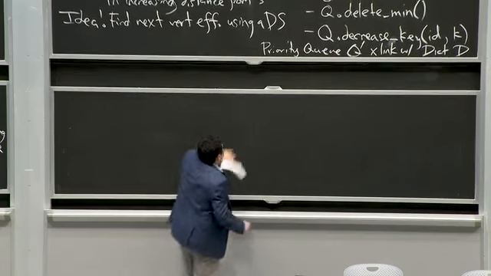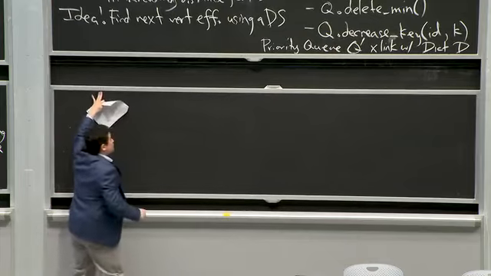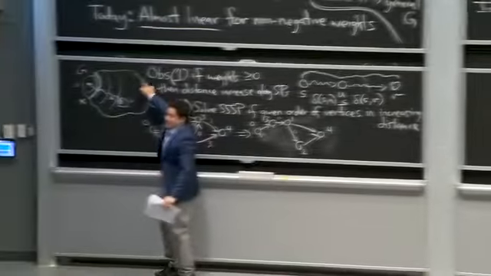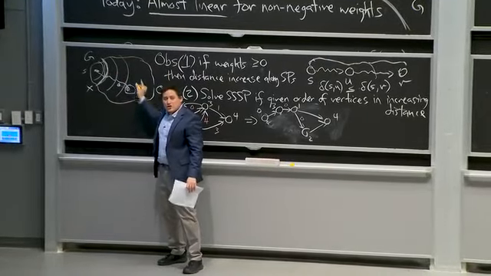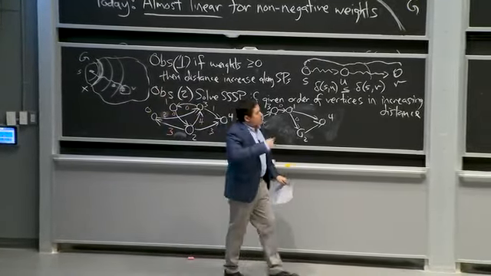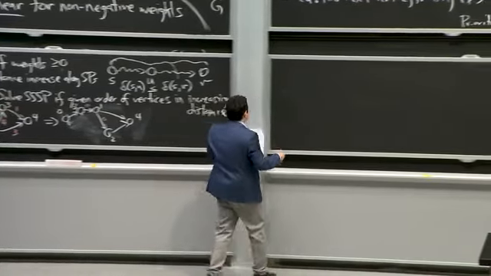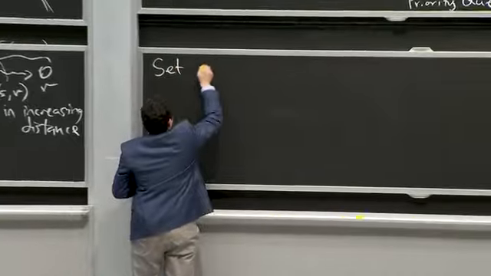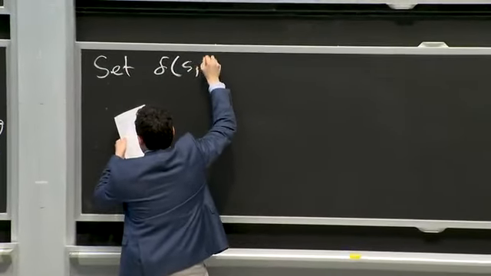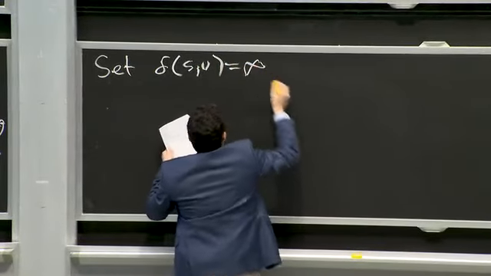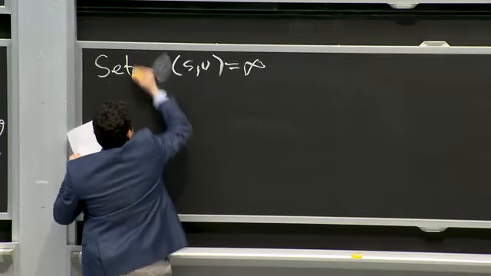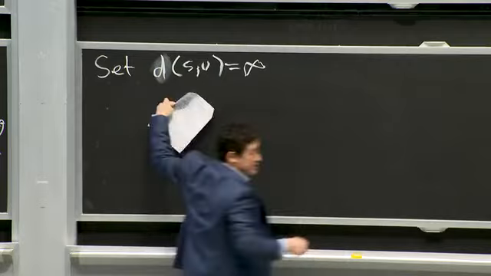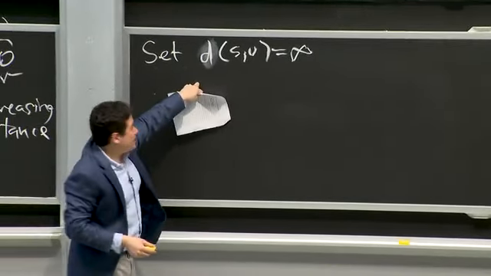We're going to use this data structure to keep track of our distance estimates to all of the vertices away from S. So this is Dijkstra's algorithm. Same initialization step. This is a distance estimate, D, not delta. We're going to want the D's to be our deltas at the end of the algorithm.